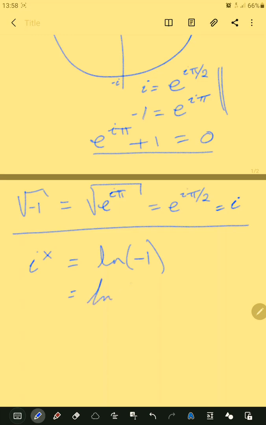This will be the natural logarithm of e to the i pi, which is -1. Now quite conveniently we have a log of an exponential, and they both cancel each other out, being reciprocal functions, so this is quite easily equal to i pi. So our problem now resolves down to just i to the x equals i pi.